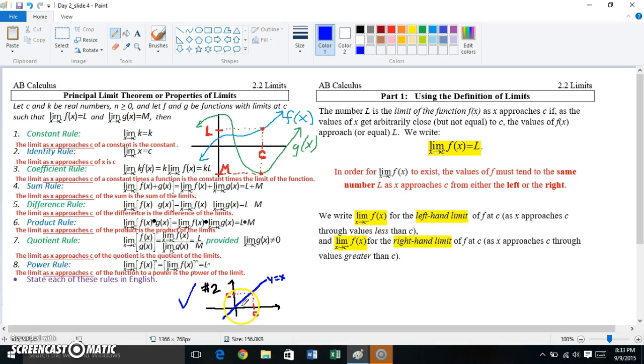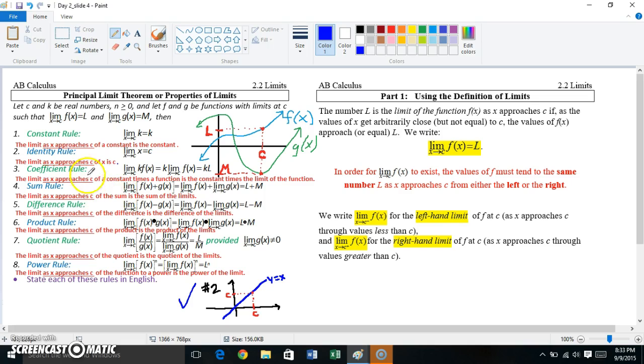Thinking back to that graph, the identity rule is really you're taking the limit of y equals x, that function. So as x approaches c on that function, y is equal to c. The limit is c. So we say the limit as x approaches c of x is c. That one's really not very different in English.